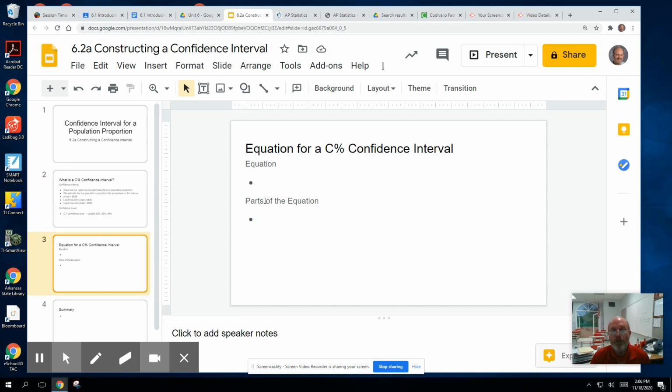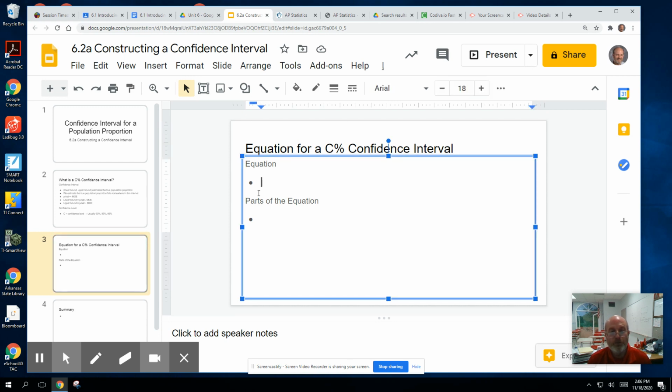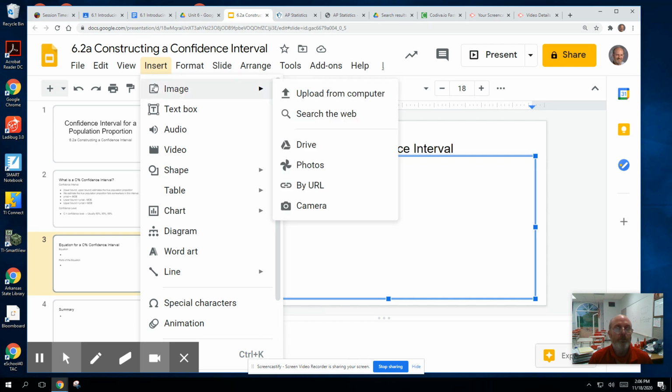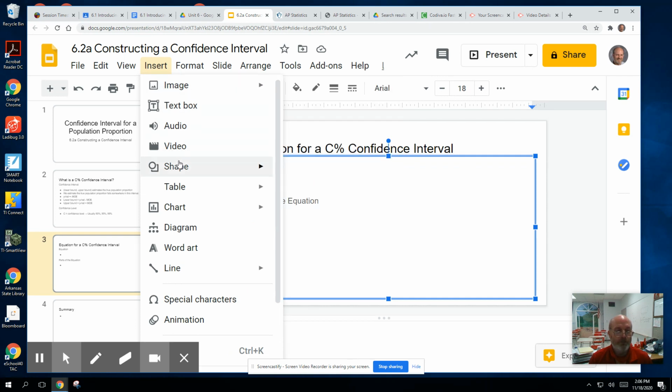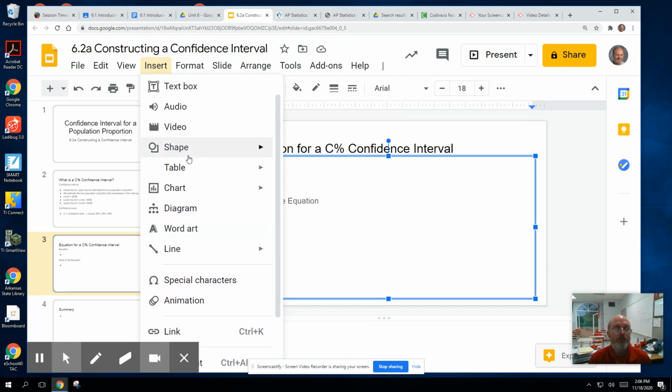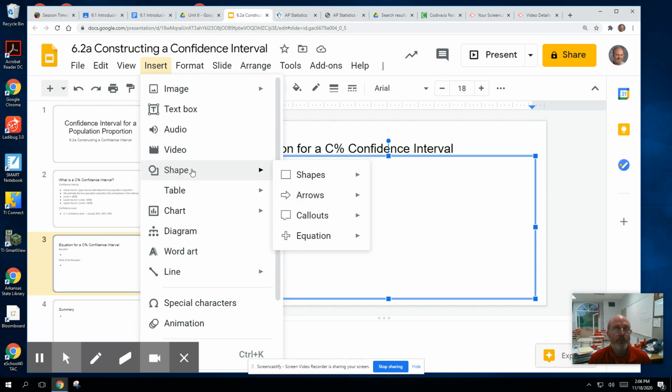Let's move on, because we're going to have an equation for a C% confidence level. Now, I thought in Google Slides that we had a way to insert an equation. There's the equation right there. Those are shapes.